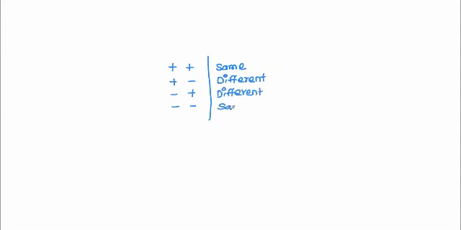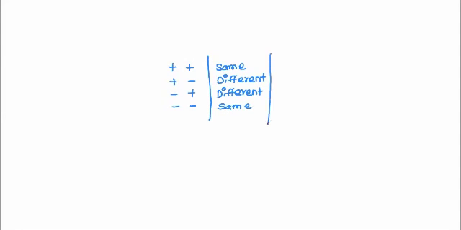The gist of integers lies, as I told in the beginning, in plus plus, plus minus, minus plus, minus minus. Now plus plus is same, plus minus is different, signs are different. Here also signs are different. Here minus minus means same.